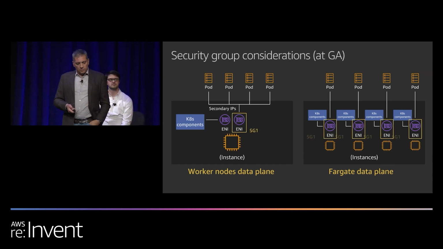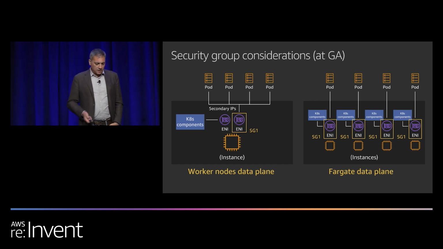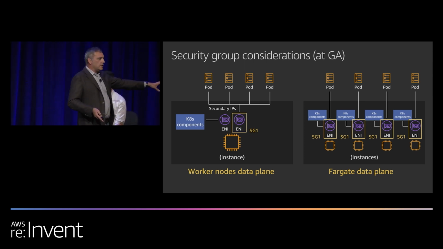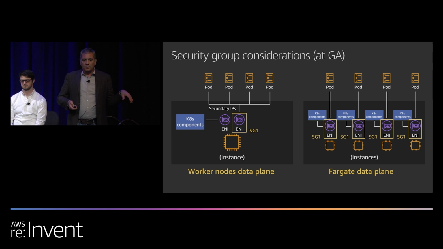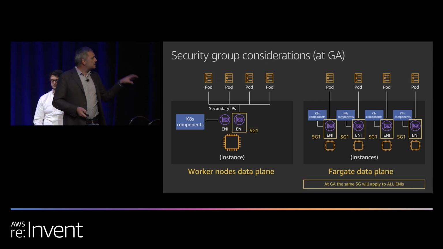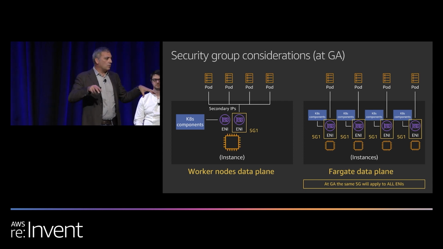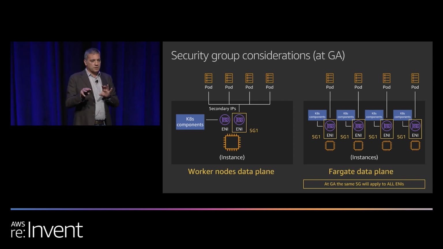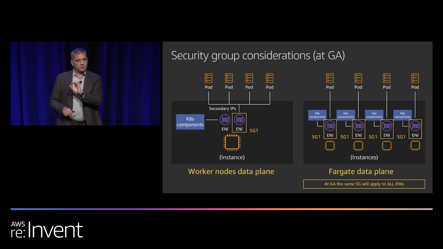The thing to keep in mind is that as of today, with the launch here, even though each pod has a dedicated ENI because it's running on a dedicated VM from the Fargate fleet, we are going to assign a single security group to those ENI. So the model now allows us to be a little bit more flexible in the future, to be able to say this pod has a particular security group and this pod has a particular security group.